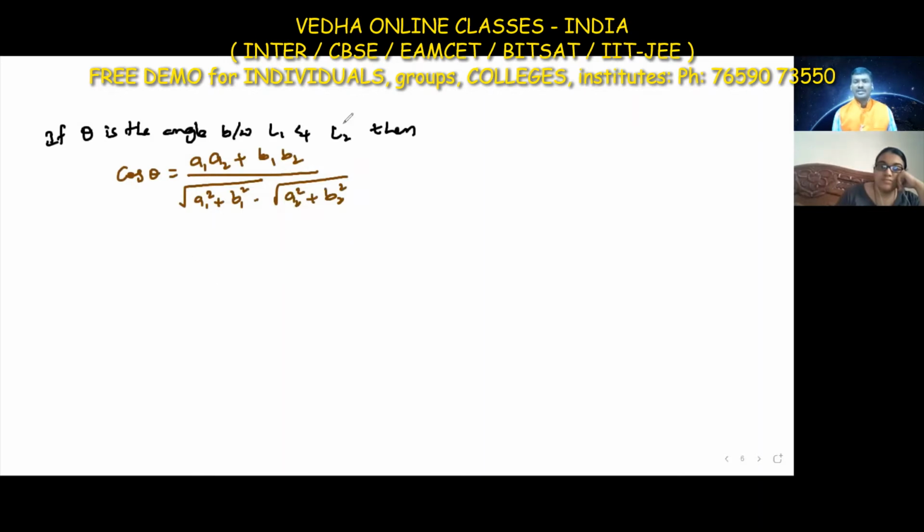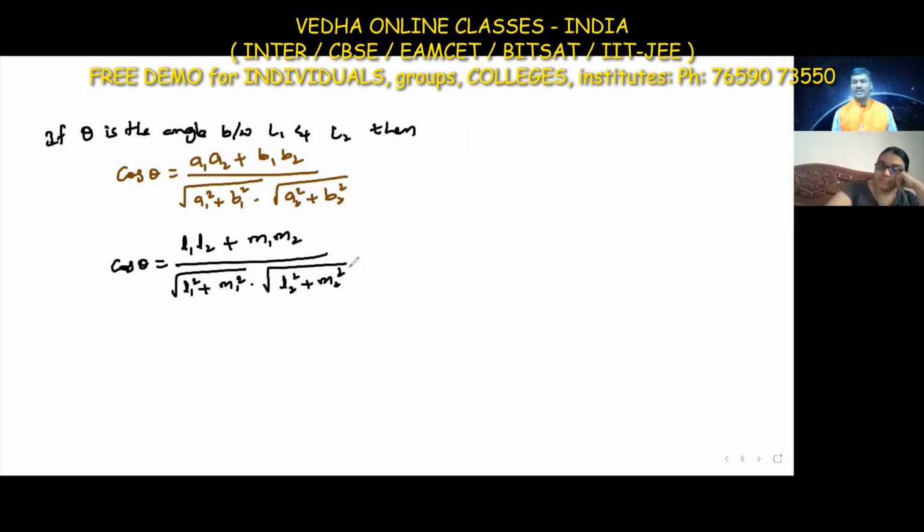If we apply the same formula, cos theta is equal to: A1 A2 means L1 L2, the x coefficients, and B1 B2 means the y coefficients M1 into M2, whole divided by under root of x coefficient square plus y coefficient square for the first equation, into under root of x coefficient square plus y coefficient square for the second equation.